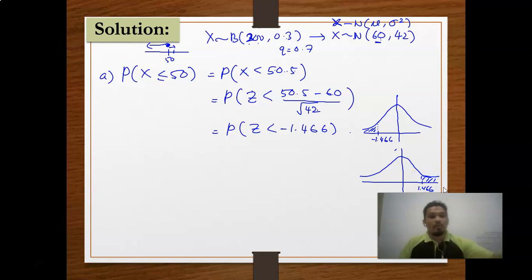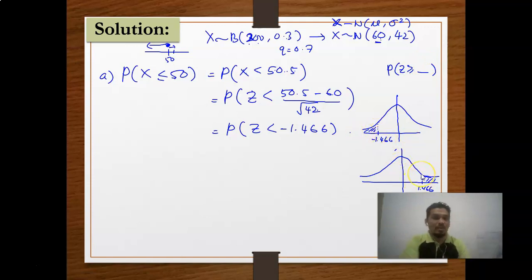Because we are going to find the probability from these tables, and the probabilities can only be found for the cases of z greater than or equal to something, not for less than.